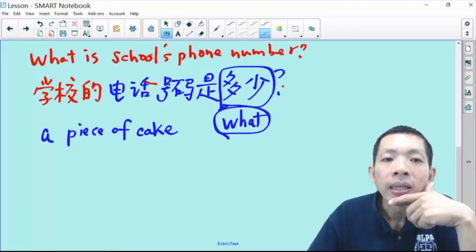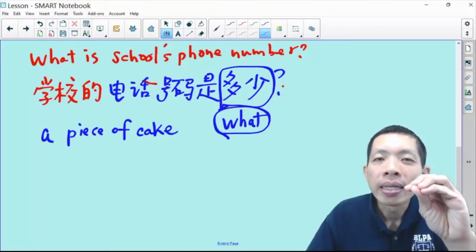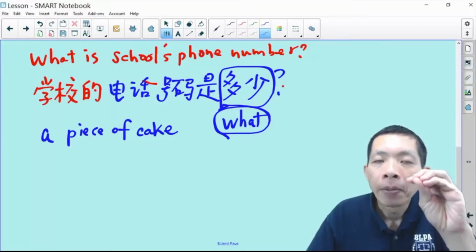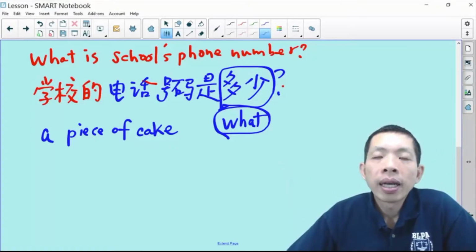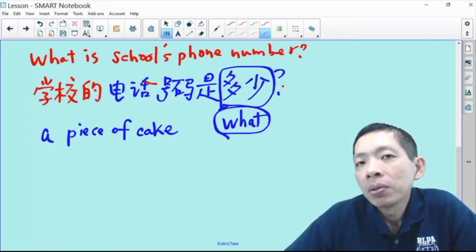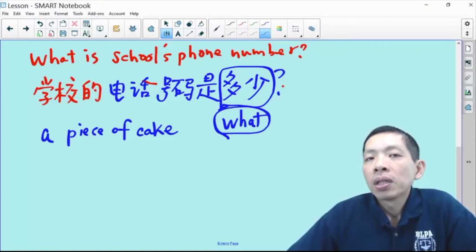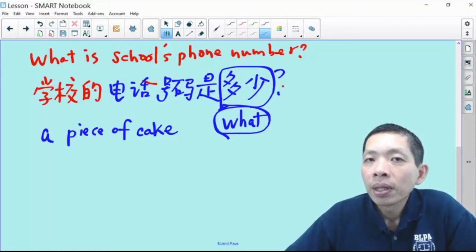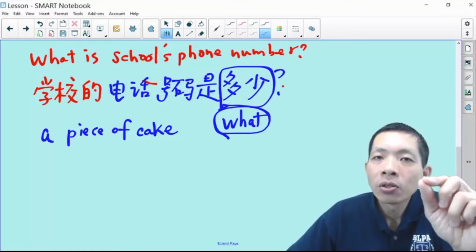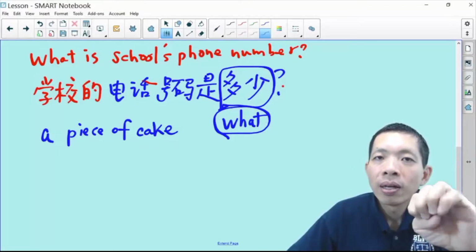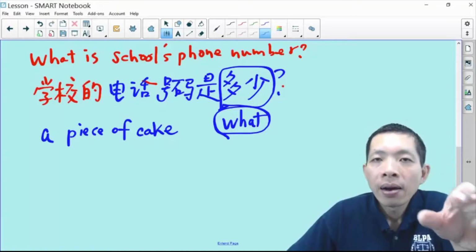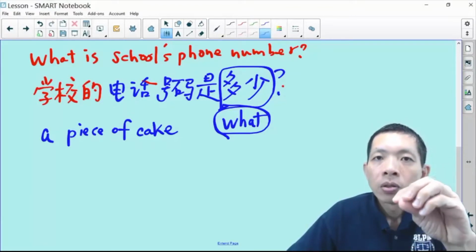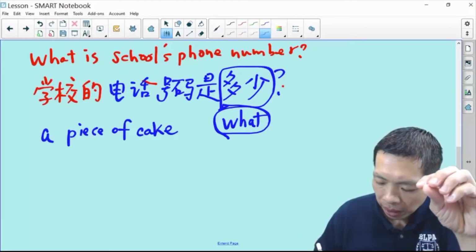In order to know the difference between 号 and 号码, you have to say it out loud and say it often. You say, hey, 你的手机号码是多少? 你的房间号码是多少号? Or 你的宿舍号码, your dorm number, 是多少号? That's how you differentiate 号 and 号码.